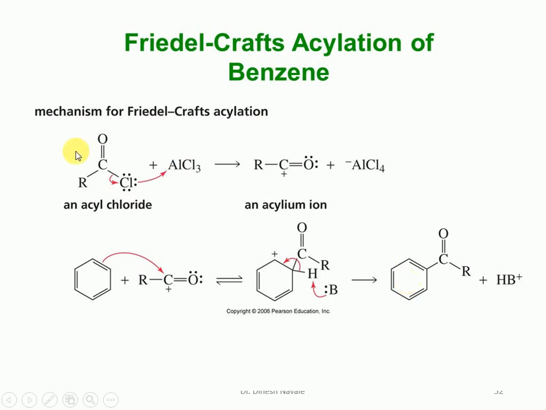So the first step is preparation of the electrophile, the acylium cation. The second step is the substitution of the aromatic ring across the acylium cation, and the last step will be the removal of a proton. So this reaction is the aromatic electrophilic substitution reaction.